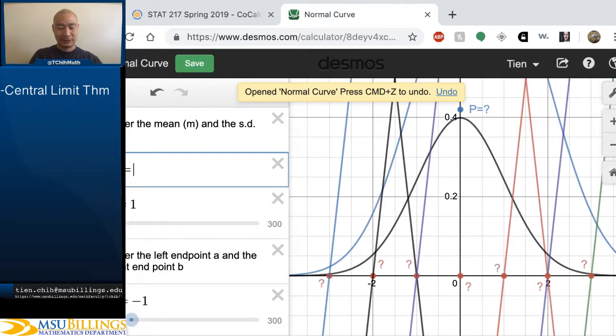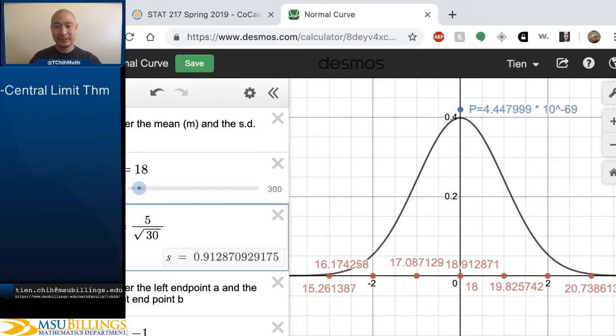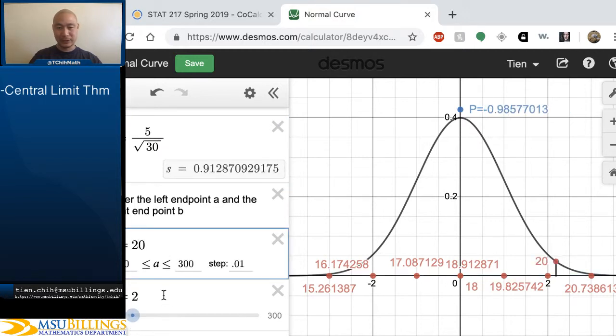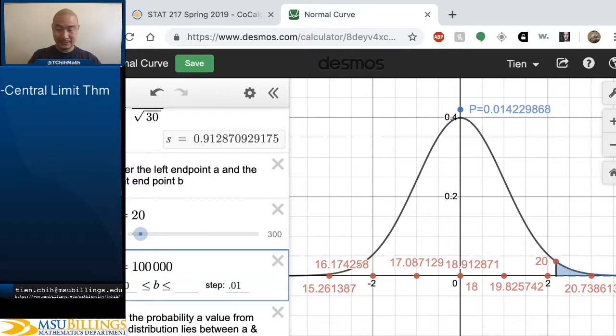We're talking about a curve whose mean is 18 and whose standard deviation is 5 over the square root of 30. And we want to know the probability that you get more than 20 calls on average. So let's say between 20 and a million calls. So there's our 20 right there.